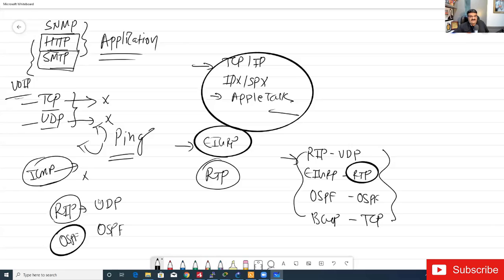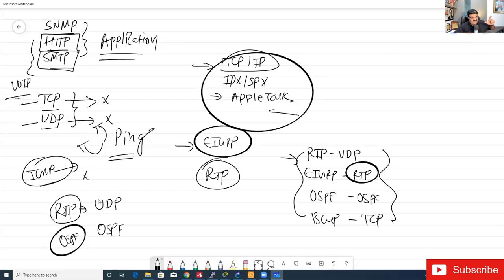But right now we have TCP/IP only. I am able to route TCP/IP traffic, IPX, SPX traffic, AppleTalk traffic. So I will not rely on TCP or IPX or anything. I have my own transport and I can route the traffic of anything. That's the philosophy of EIGRP. So that's why EIGRP is using RTP.